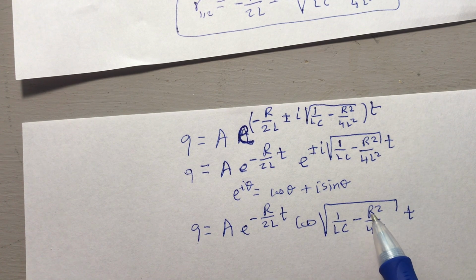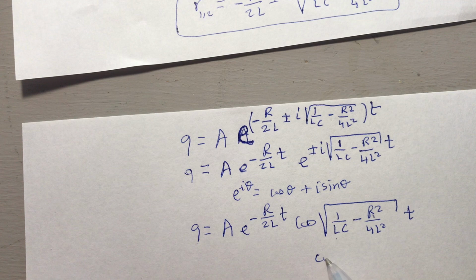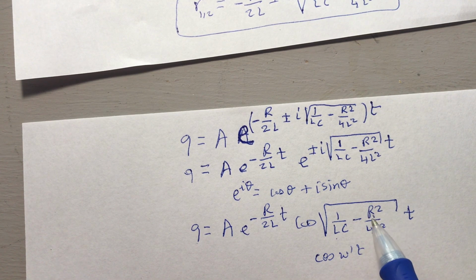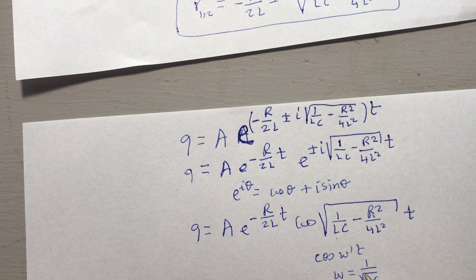Look what happened here. We have R there. This should look like cosine omega prime t. This is a frequency, or 2 pi times the frequency. And look, we have that R there. If R didn't exist, if R is equal to 0, we would have that omega that we know, 1 over square root of LC.